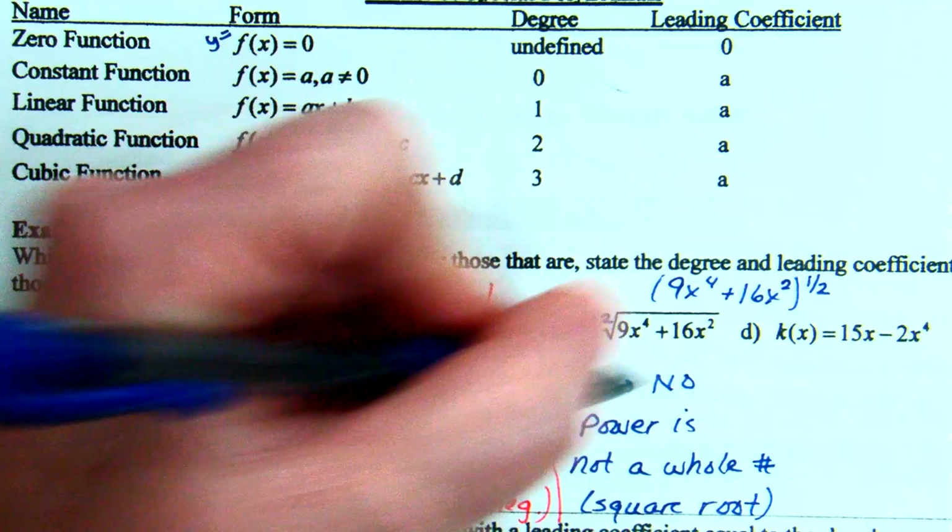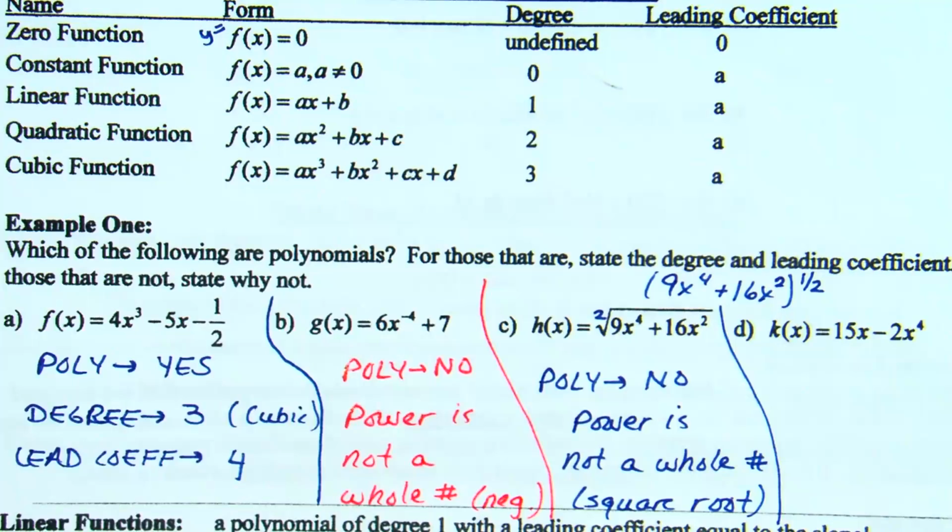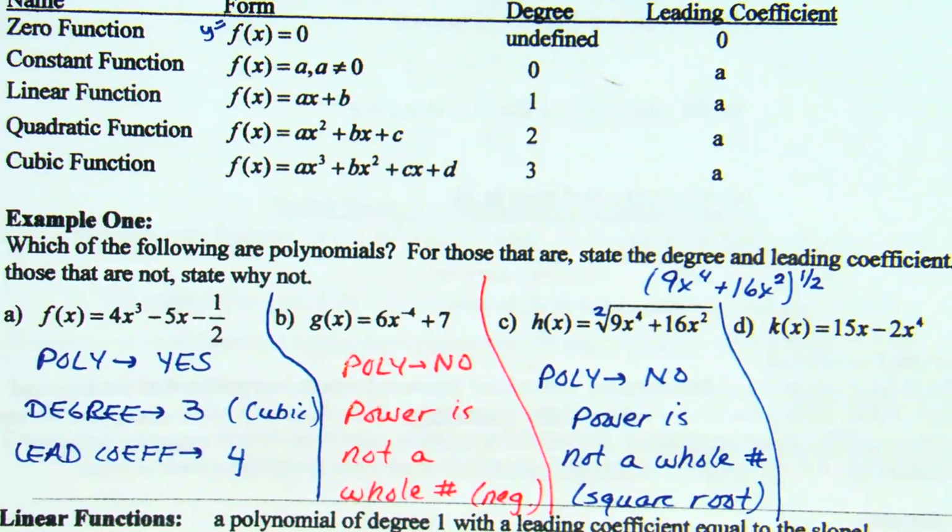So can there be a polynomial with a square root? Just a second, let me finish writing, and then I'll answer that. Okay, so can there be a polynomial with a square root in it?